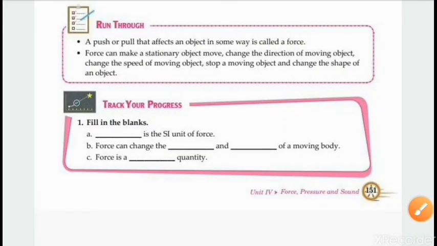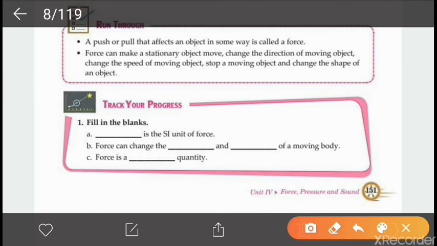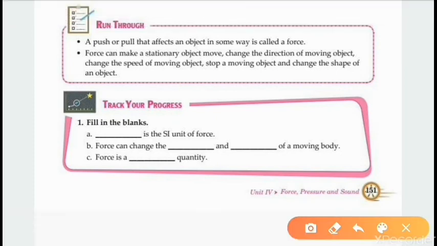Now we will do some questions so we can understand what we have learned. In the fill in the blanks, dash is the SI unit of force. Newton is the SI unit of force. Force can change what?